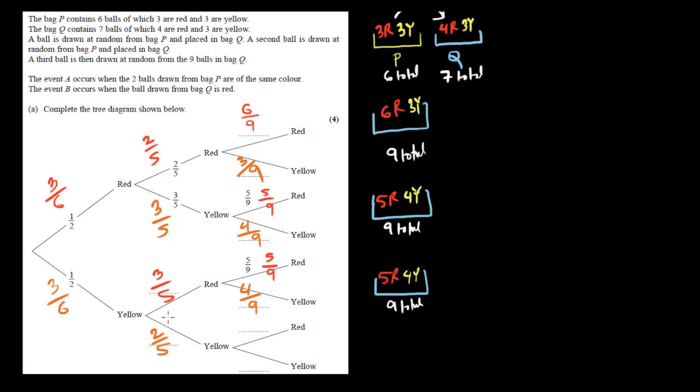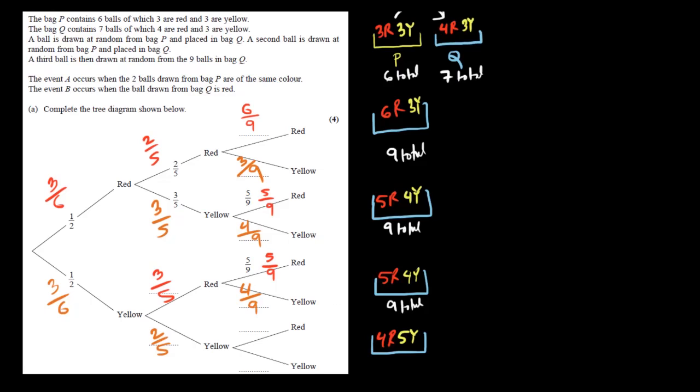Now the next one, again the final one. So we're going to take again from bag Q. So we have taken 2 yellow. So that means from the original number of red, it is still going to be the same. No change in red, but the yellow has increased by 2 because 2 yellow items have been put in the bag. So that means 3, 4, 5. It will be 5 yellow.